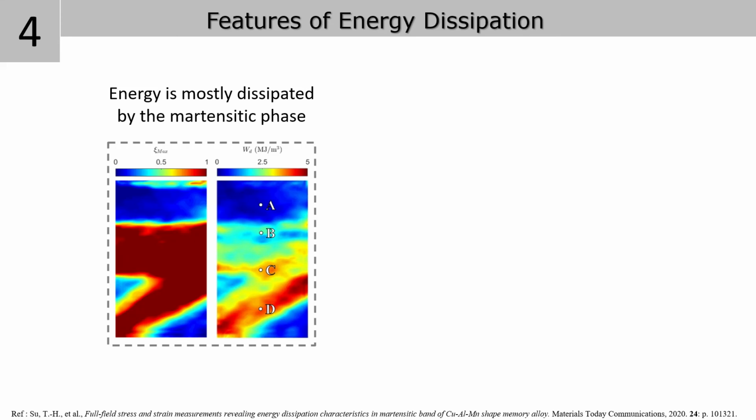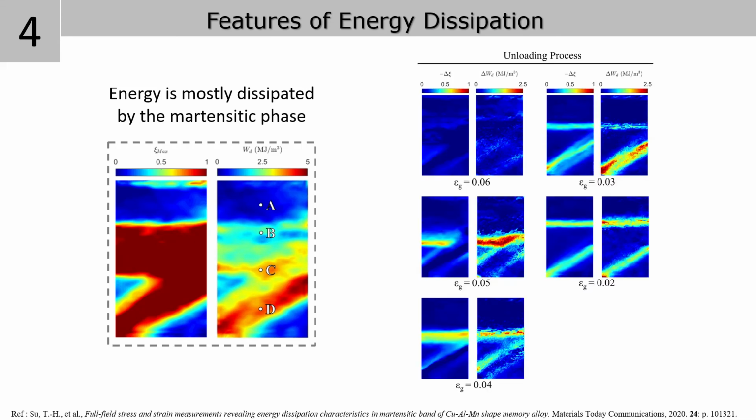And finally, we plot the incremental changes in Martensitic volume fractions as well as the incremental changes in energy as the unloading process occurs. And we can observe that the dissipation energy occurs mainly in the interfacial region of the Martensite to austenite transformation.